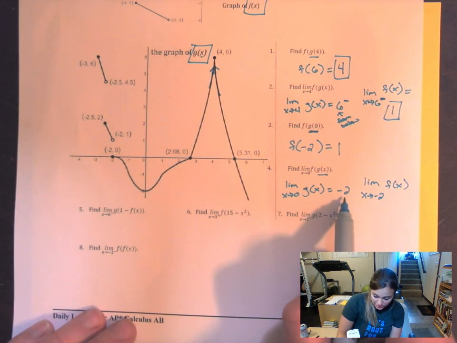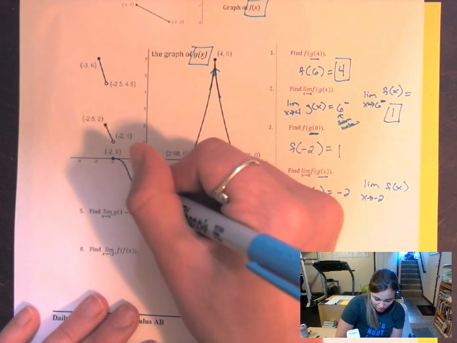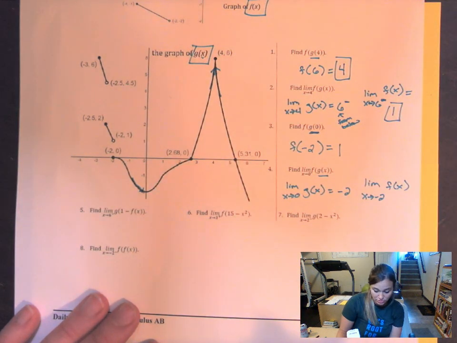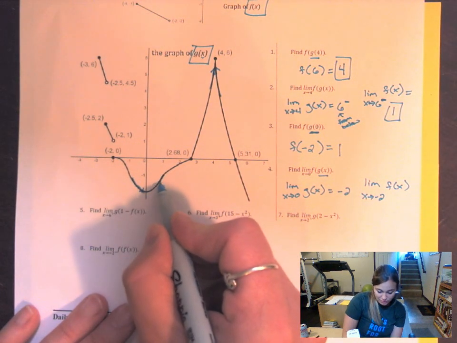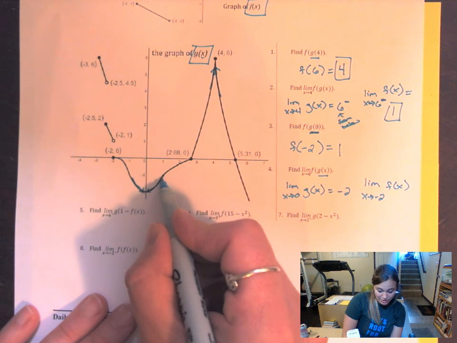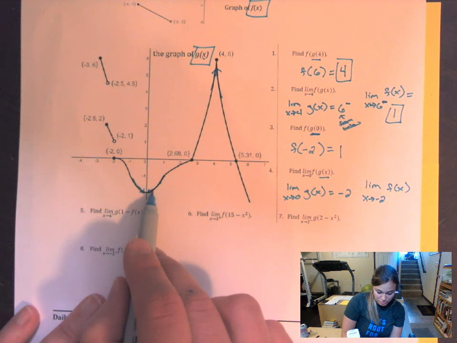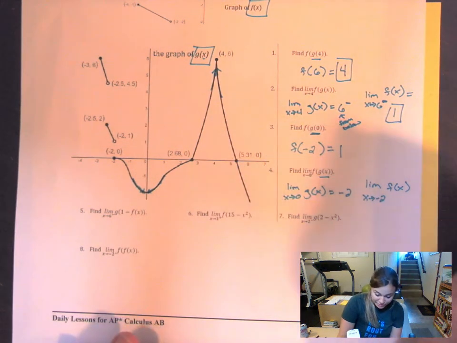Okay, so for this one, limit as x approaches 0 of g of x, all of these values are coming from above. They're starting bigger, and as I get closer and closer to 0, that's when I get to -2. So the same thing if I'm coming from the right, I can see these y values are getting bigger, and then smaller here. So I'm coming from above.